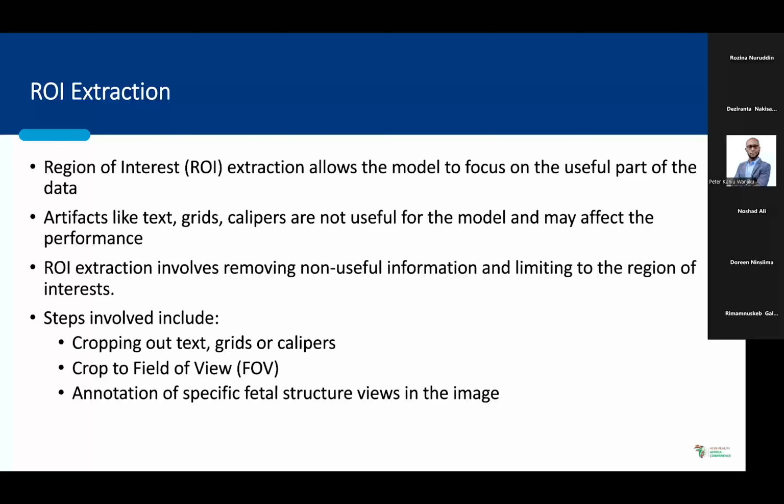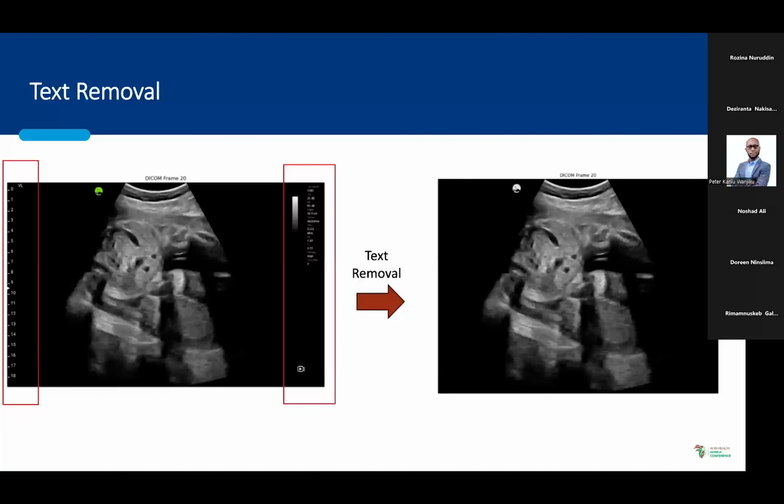Sometimes there is a lot of text in the imaging, so you could remove that text. Here is one example. You could see that after taking the ultrasound, the images come with a lot of text written there, including the device settings that were present.